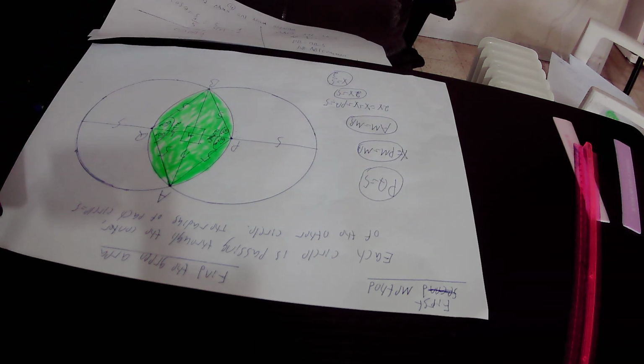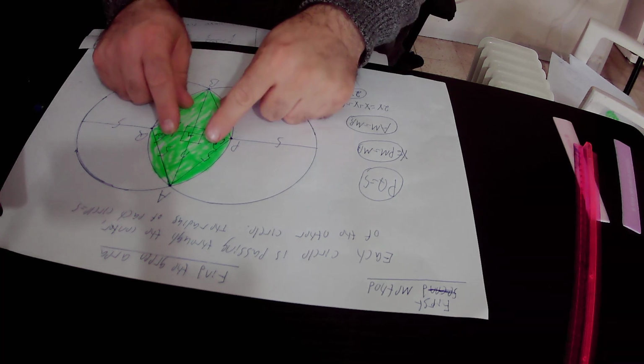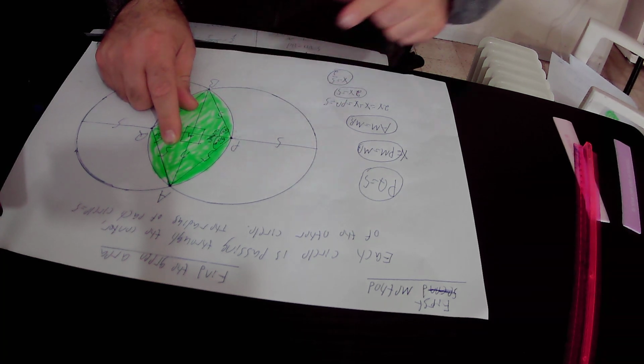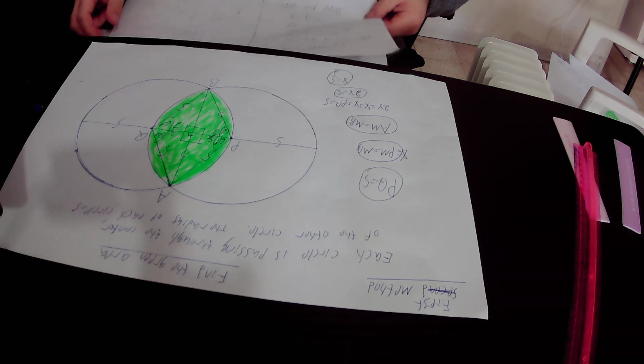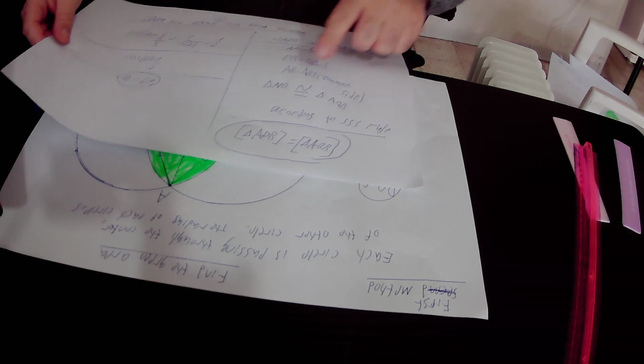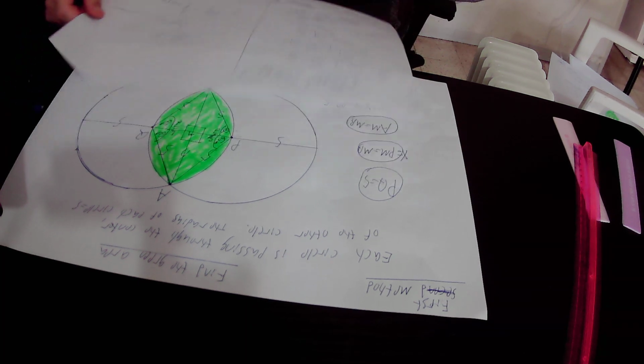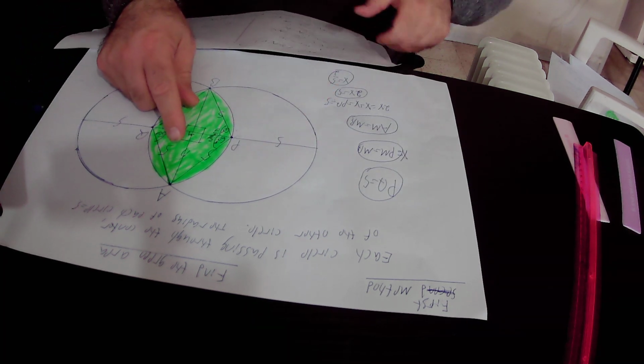It is a common side that belongs to both triangles. Therefore, those two triangles can go into each other. And because of the fact that those two triangles can go into each other, they also have the same areas. That is to say, the area of triangle APB equals to the area of triangle AQB.